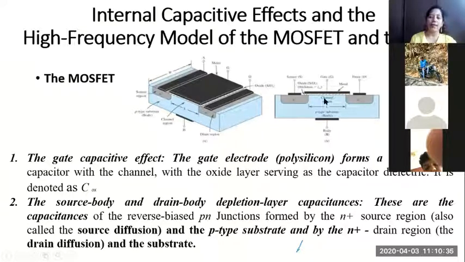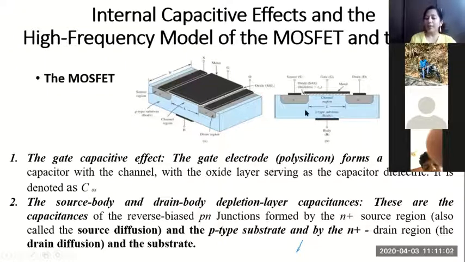I told you, remember, it acts like a parallel plate because of this oxide layer. We'll call Cox the oxide layer capacitance in farads per unit area, so we call that Cox per unit area, per meter square. So the total value of capacitance developed in this region will be W into L into Cox.